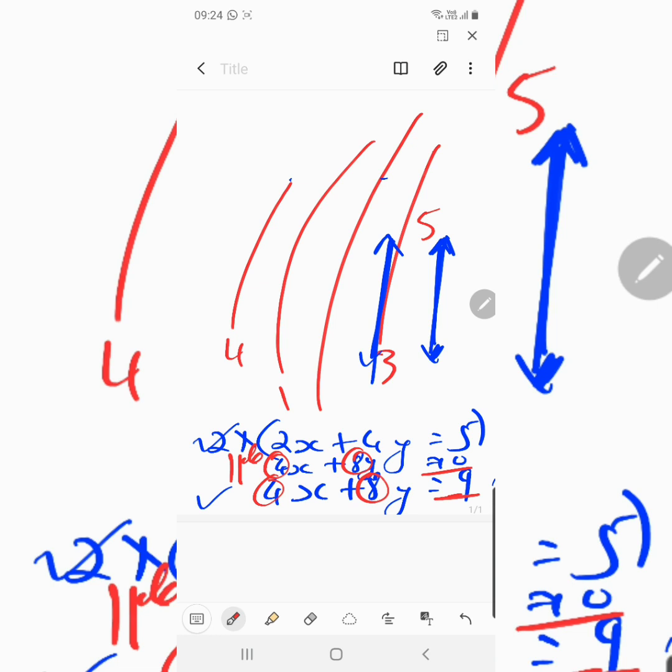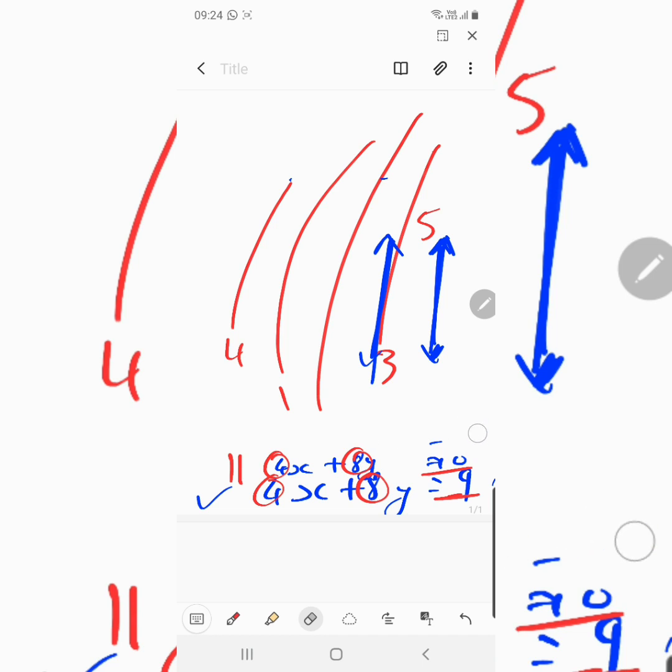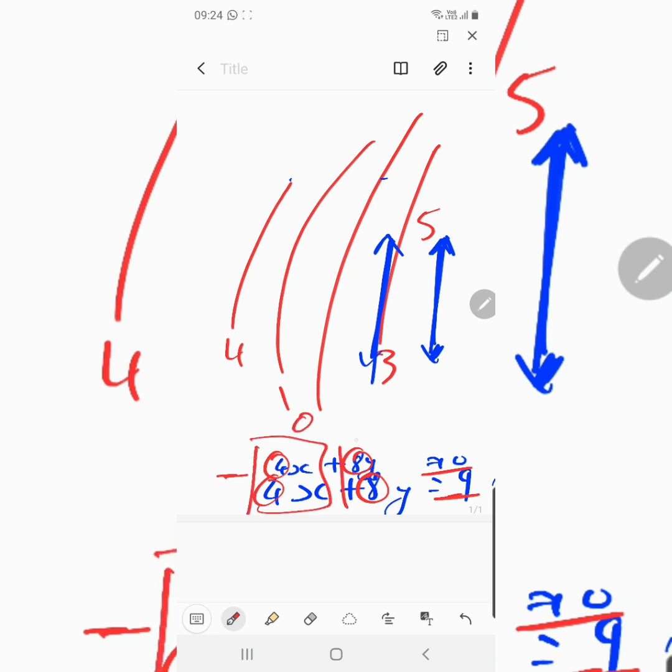They do not have a solution, because if you go through the process of elimination in simultaneous equations and subtract the first equation from the other, you will get 4x minus 4x is 0, 8y minus 8y is 0, and 10 minus 9 is 1, a sort of an absurdity from the process of elimination.